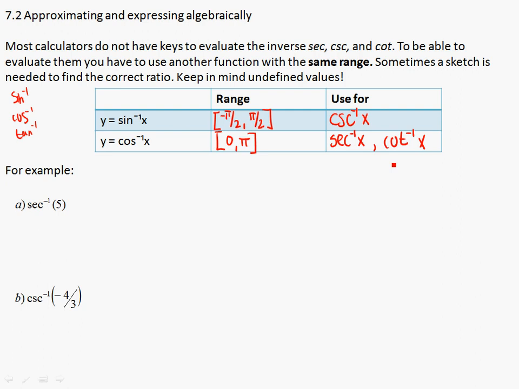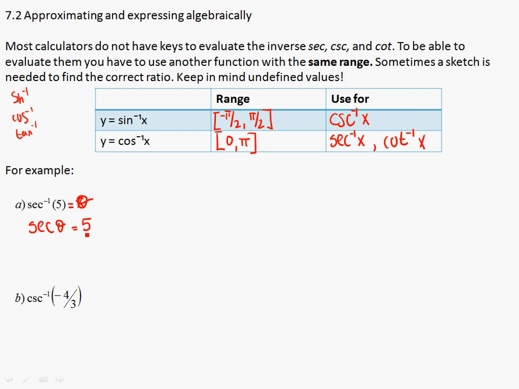So what does that look like when you set up a problem? The inverse secant of 5 is supposed to return an angle, so I'm going to rewrite this in its inverse relation. That means that the secant of some angle is supposed to give me a 5.